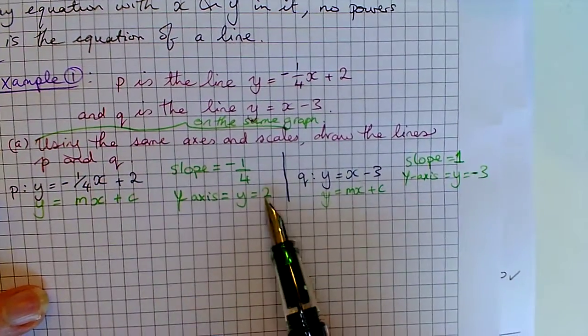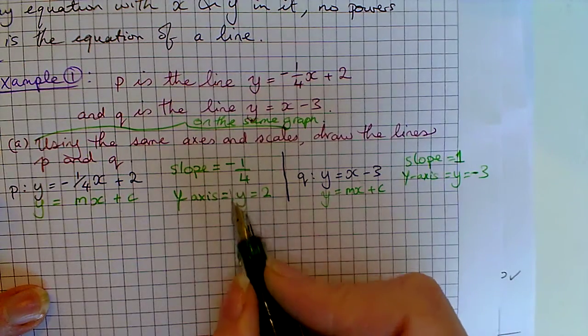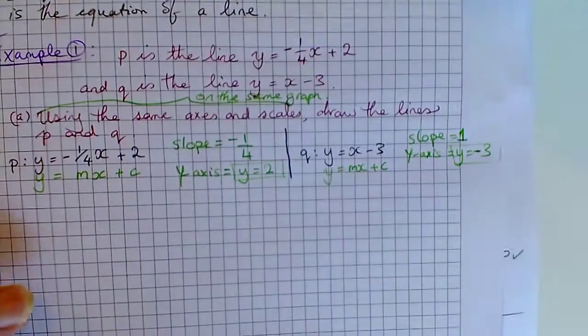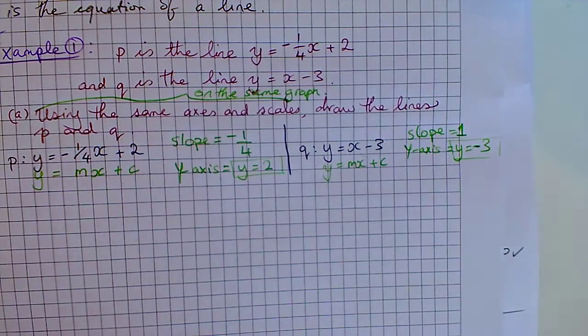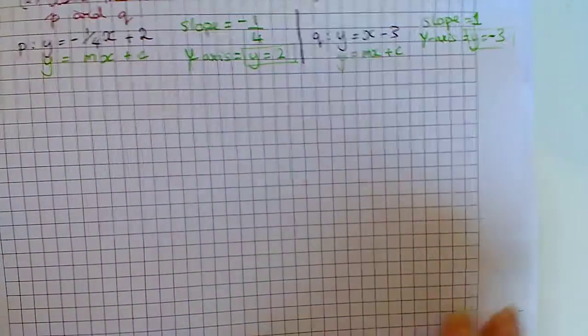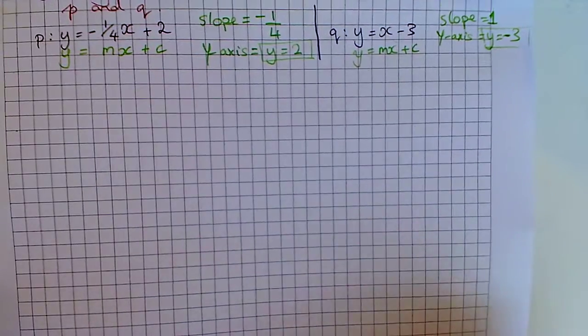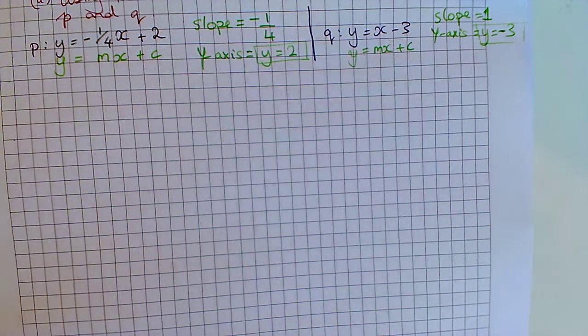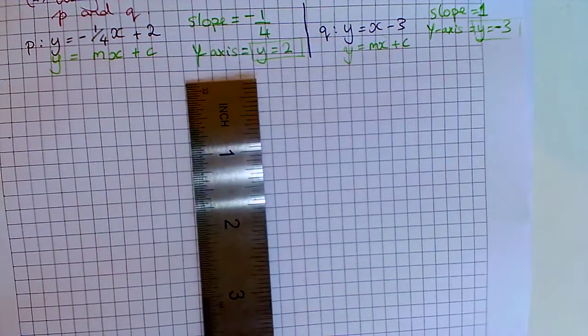So in the y direction, I know that I'm going to need to go between 2 and minus 3. So we might as well give plenty of space to this. We need to go up as far as 2, and a little bit further, and down as far as minus 3, and a little bit further as well.